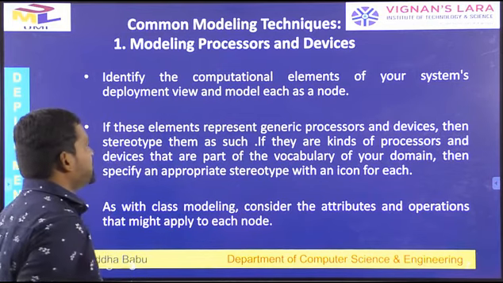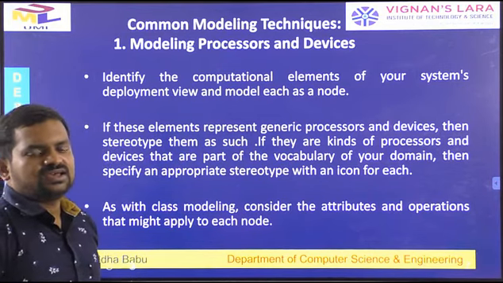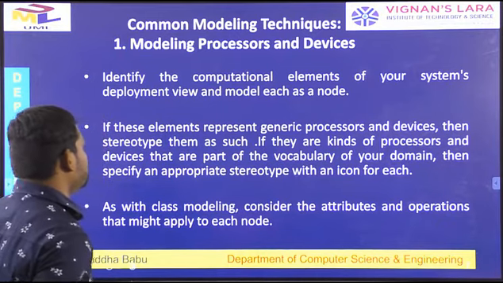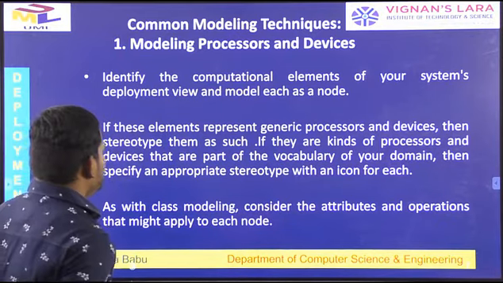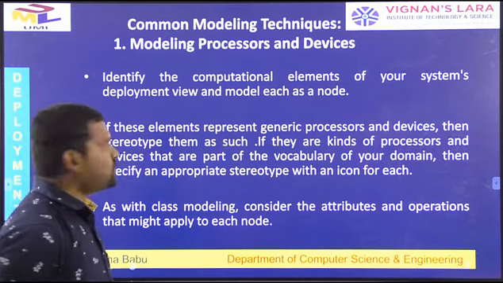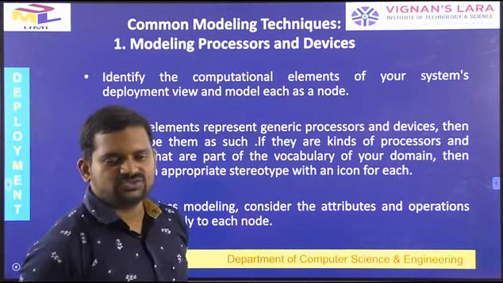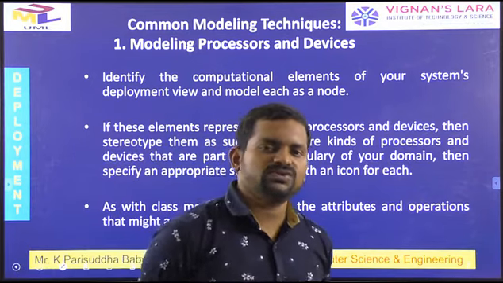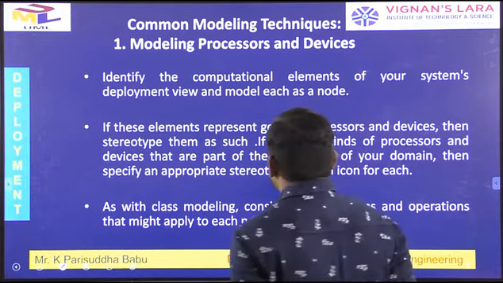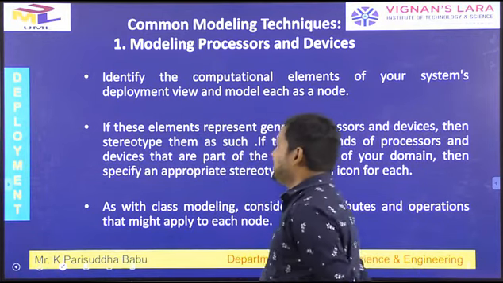What kind of computational elements are there? You have to observe, identify those computational elements and deploy them in a model for each node. Whatever computational elements you found have to be represented with the help of a node.